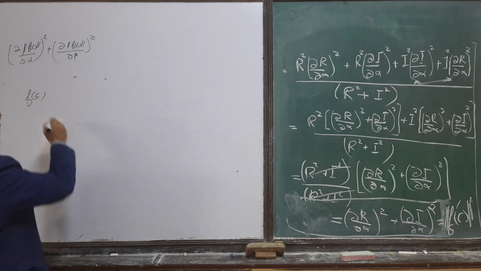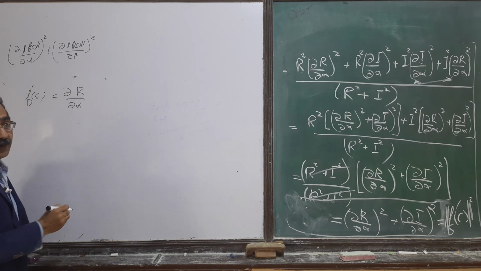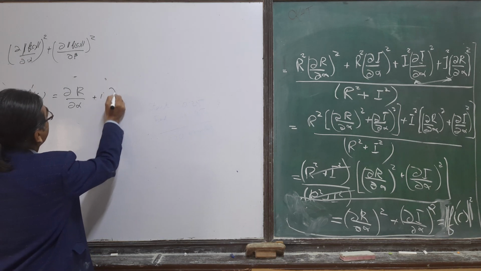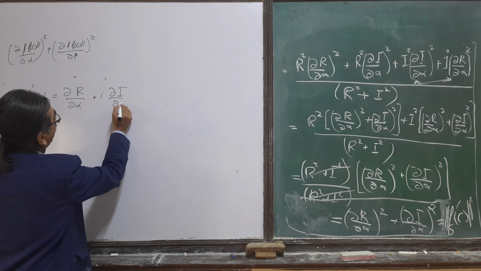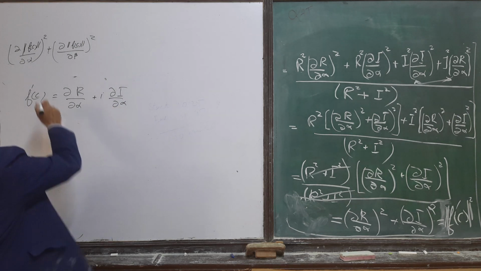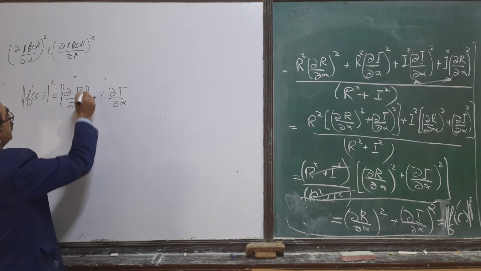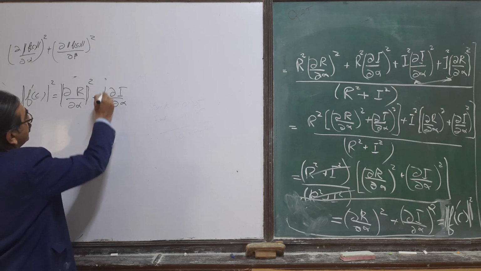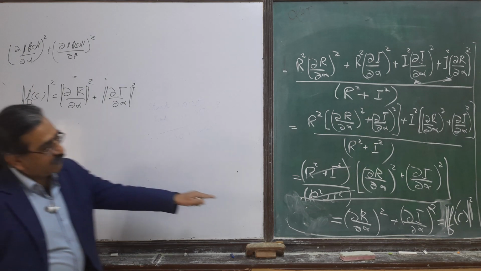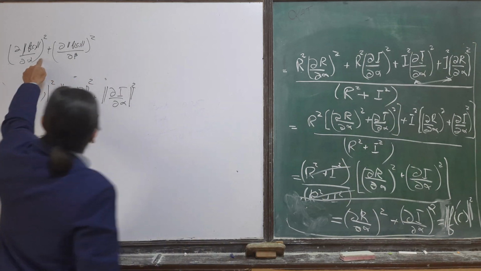Fc derivative is equal to partial r over partial alpha plus iota partial I over partial alpha. That was the derivative, sorry. And what is the magnitude? We have already explained, that will be the magnitude of Fc. By putting this value, this will be equal to magnitude of Fc square, and this was equal to this.